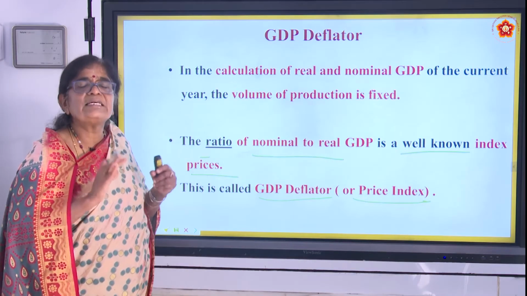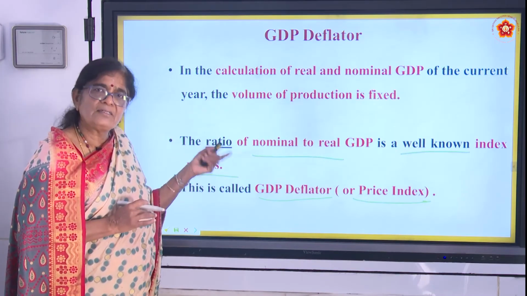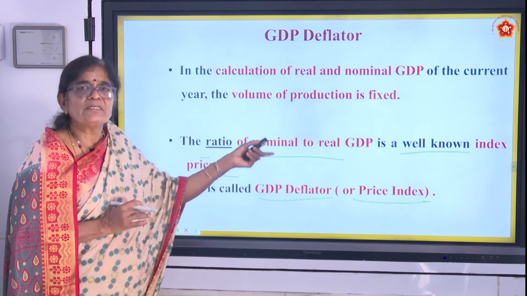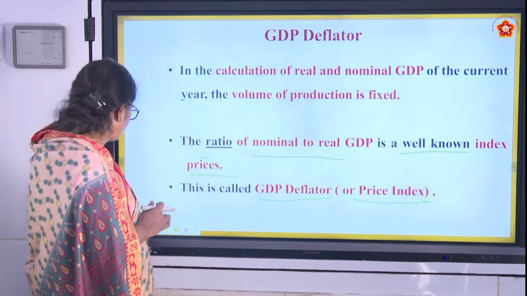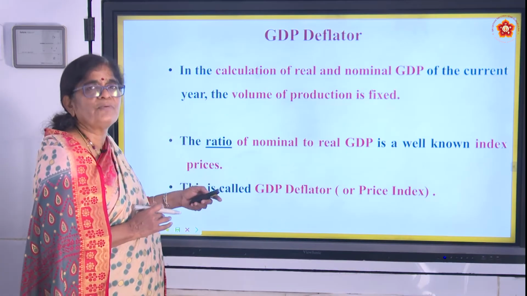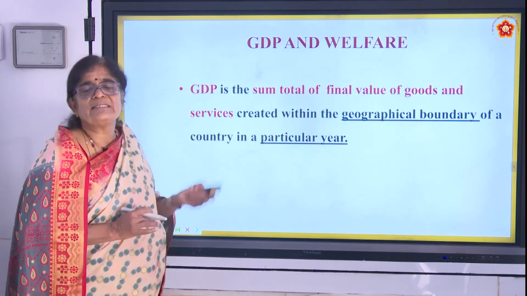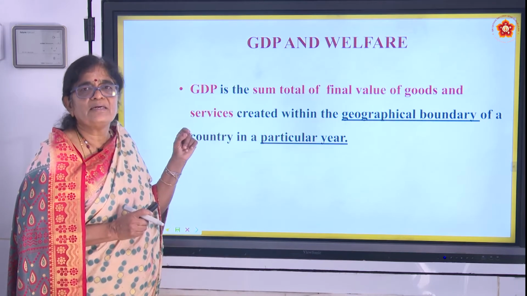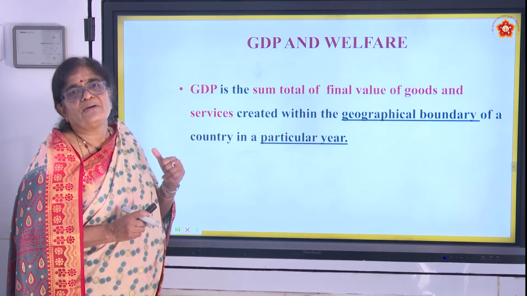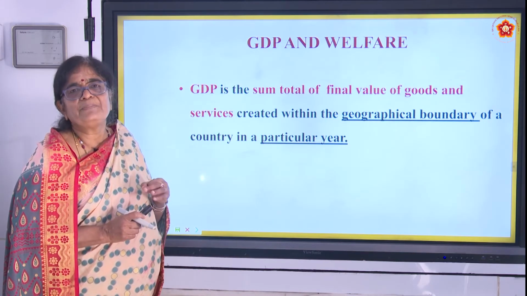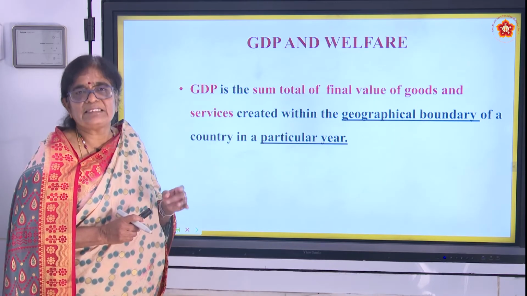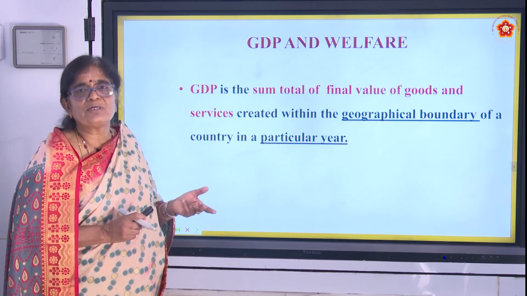Because it just takes the changes in price. It compares the current price with the base year price and says whether it has gone up or come down. Now we have finished the sections. In the last topic we have studied nominal GDP, real GDP, GDP deflator and its importance.